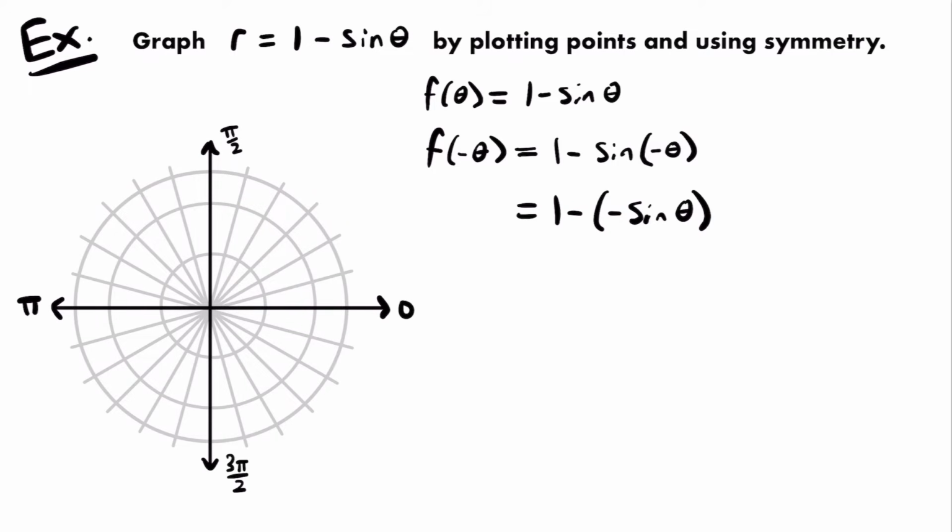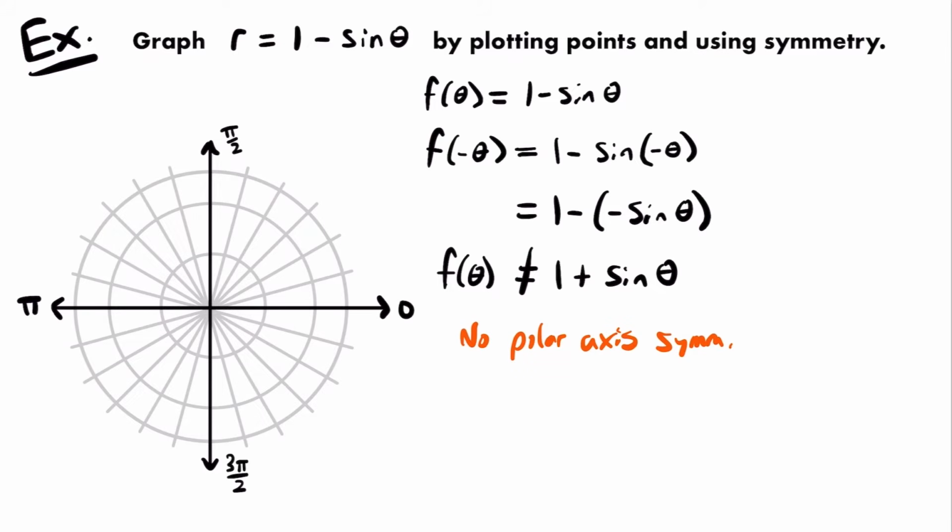Those two negatives will cancel out, and we'll have that this is equal to 1 plus sine theta. So what we have here is not the same thing as our original function. We have 1 plus sine theta instead of 1 minus sine theta. So f of theta is not equal to f of negative theta, and so there's going to be no polar axis symmetry. All right, so you can write that down. We have no polar axis symmetry.